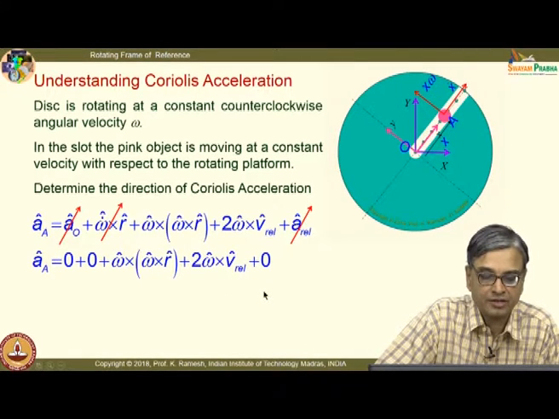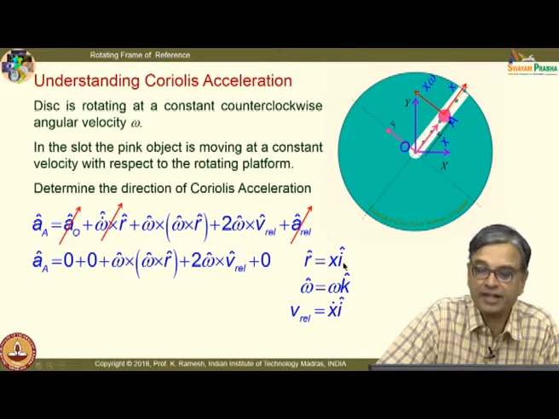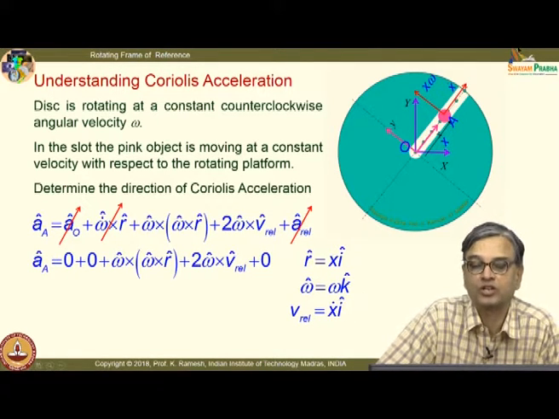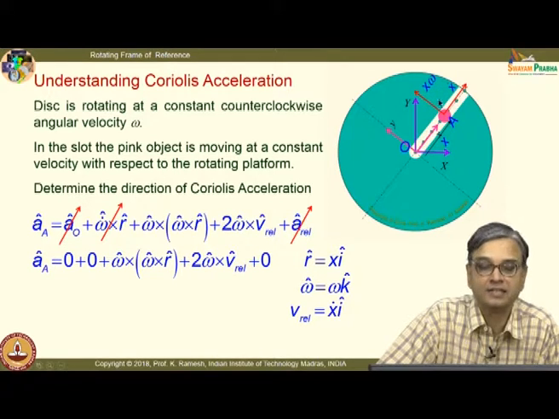You have r equal to x i. So, V_rel is x dot i. That is what is shown as velocity x dot here. So, the particle A has a velocity x dot in this direction, and also a velocity component x omega in this direction.